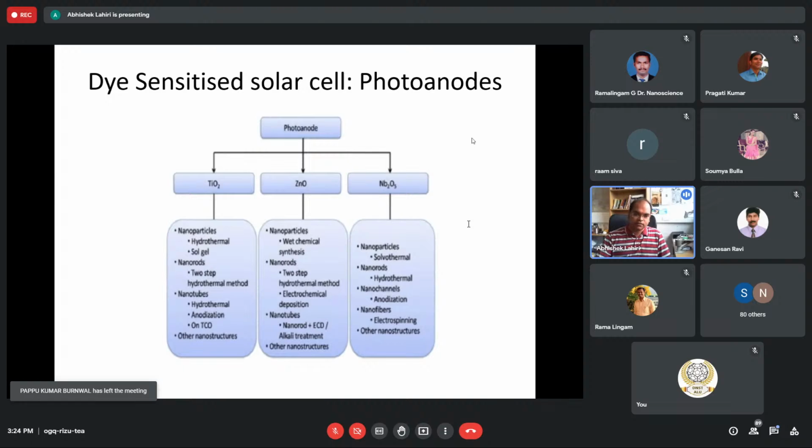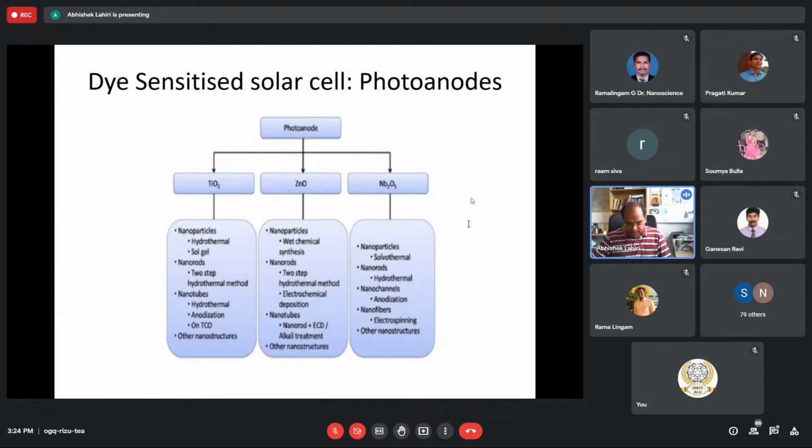Now the photoanodes which we will choose are the three traditional photoanodes for dye-sensitized solar cells. They are titanium dioxide, zinc oxide, and niobium pentoxide. Now all three oxides are very relevant for dye-sensitized solar cells. They have been extensively studied, so I'm just going to summarize these results.